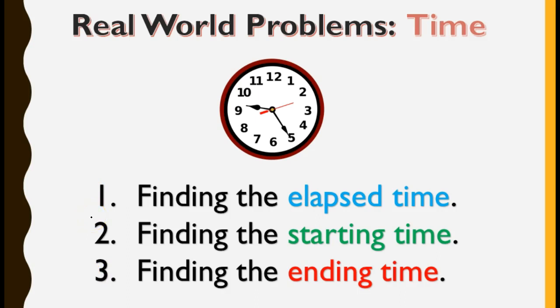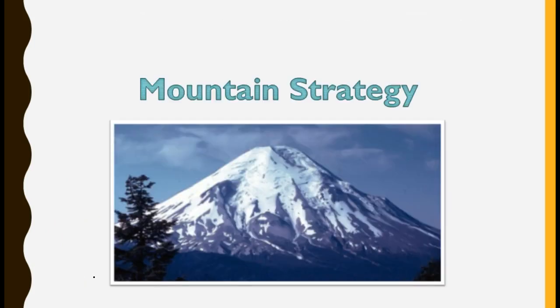And so it's been a source of frustration for me over the years. And a couple years ago, I found a strategy that works with all 3 kinds, and I love it. And it is called the mountain strategy. Now this may be brand new to you, and it may be brand new to your parents, so you might want your learning coaches to watch this video too so they can help you with it.